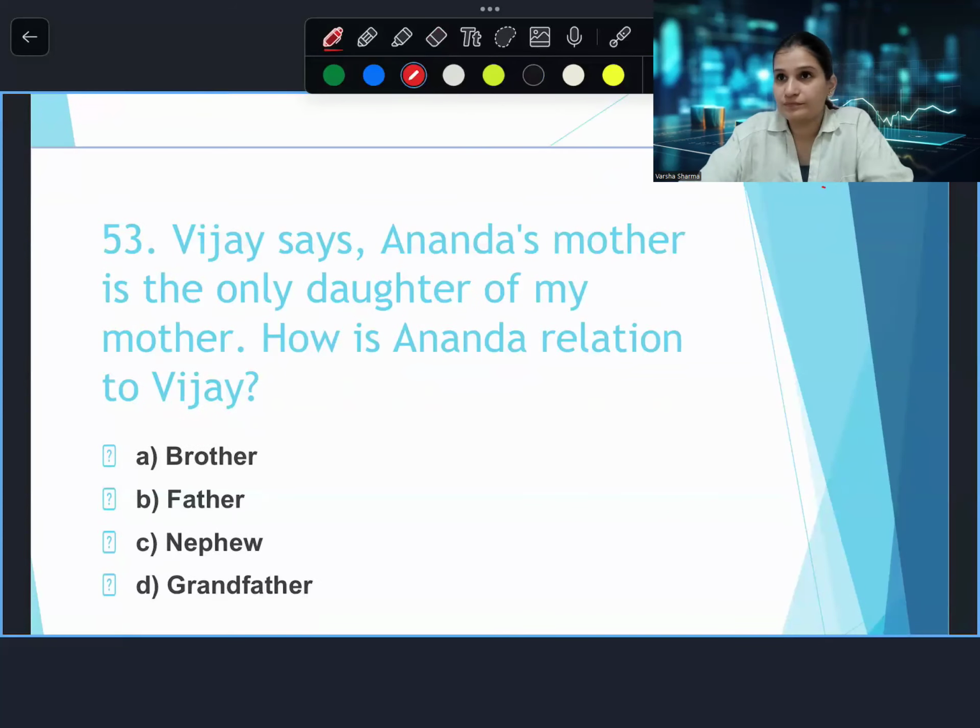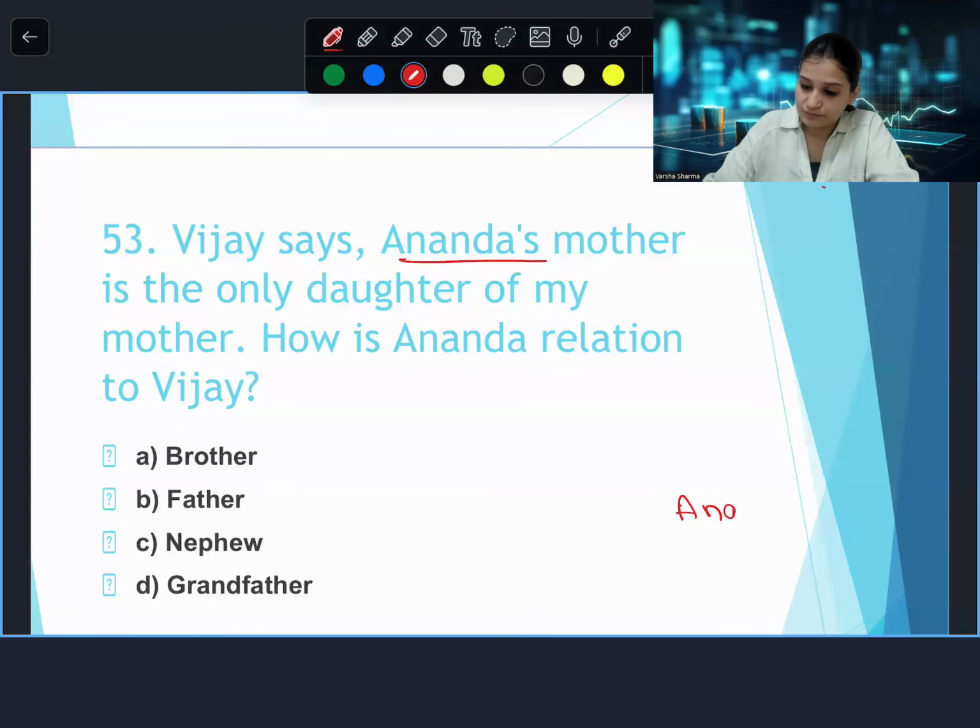53. Nephew. Not getting the answer. Vijay says Ananda's mother is the only daughter of my mother. Whose mother? Vijay's mother.